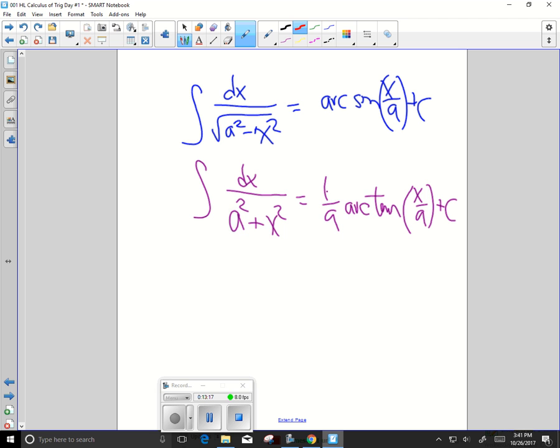Notice that there is an extra 1 over a for arctangent. There's no 1 over a in front of arc sine. And the other thing I would suggest is for each one of these, list what a is, list what u is. That'll help you figure it out. And you could put u's in here instead of x as well.